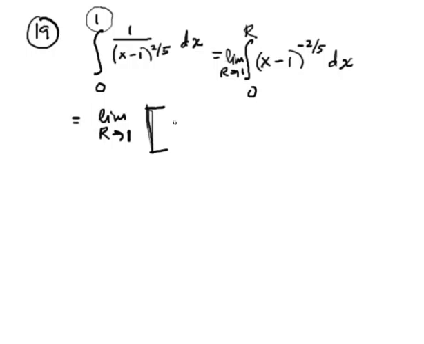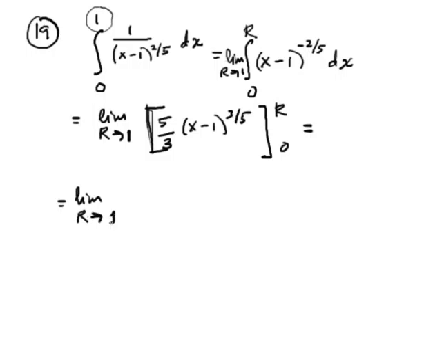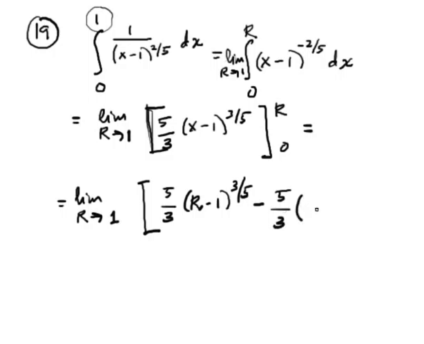So here we have x minus 1. We're going to add 1 to the exponent, giving x minus 1 to the 3/5, divide by 3/5 or multiply by 5/3. And do the substituting. Substitute r. And now substitute 0.